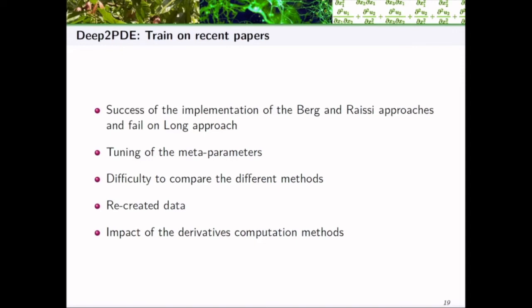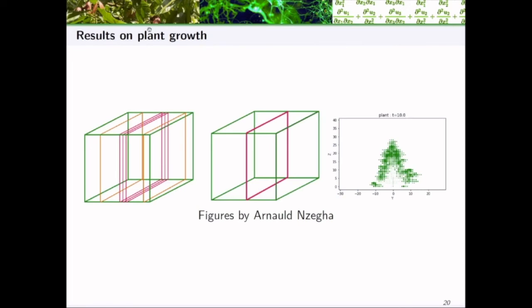And next, what do we do now? We tried to go back to plant growth. That was our first goal. And just like we told you, we were going from 3D to 2D using slices of plants.